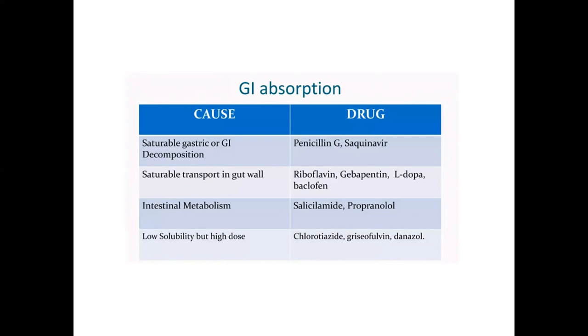Intestinal metabolism occurs with drugs like salicylamide and propranolol. Then low solubility but high dose, with drugs like chlorothiazide, griseofulvin, and danazol. These are the drugs and factors which cause non-linearity in the absorption pattern.